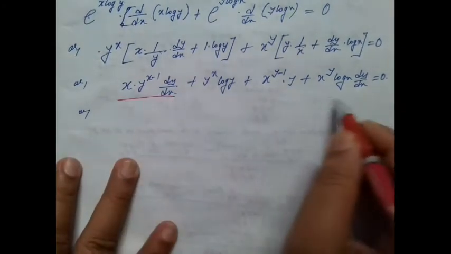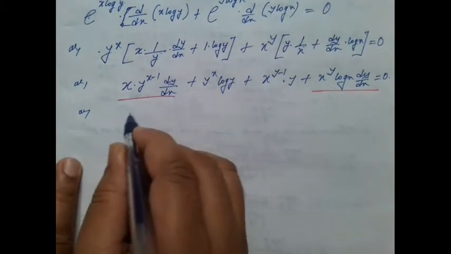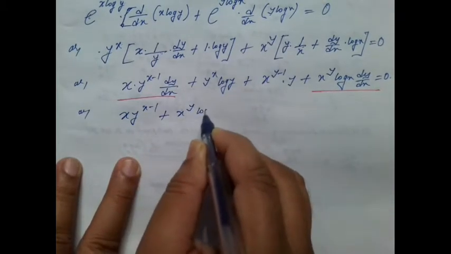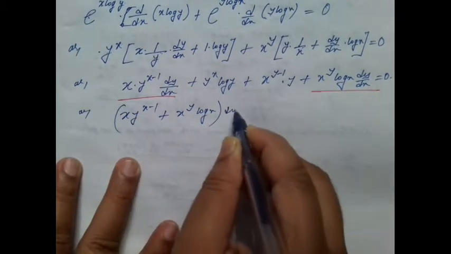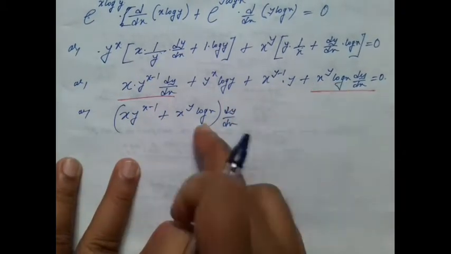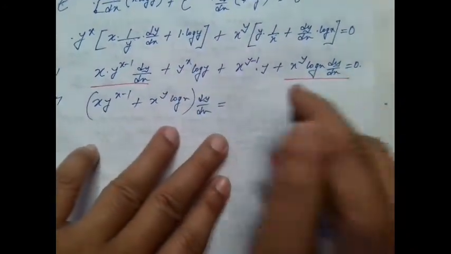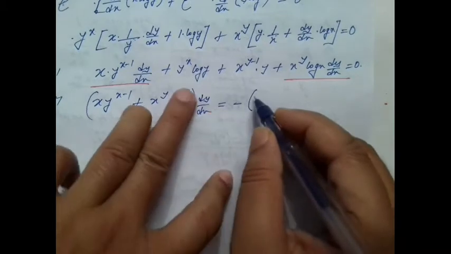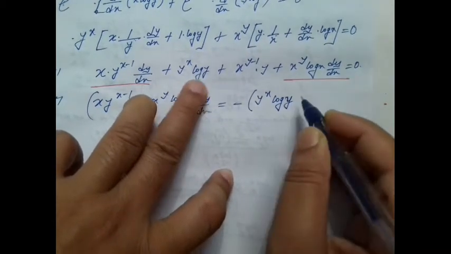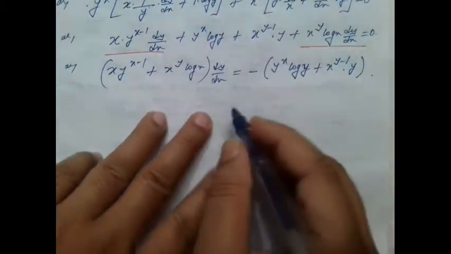Now we have to keep these two terms on the left by taking dy dx common from them, so x y to the power x minus 1 plus x to the power y log x, dy dx equals, if we take these two terms to the right side, they become minus, so taking minus common from them, y to the power x log y plus x to the power y minus 1 into y.